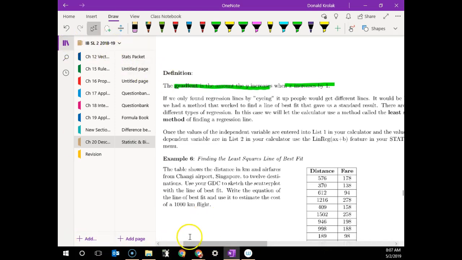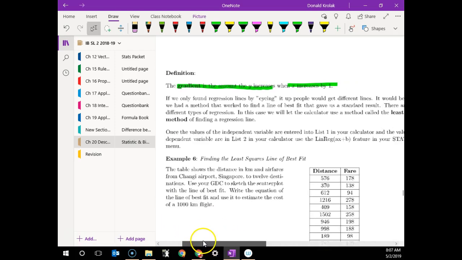Now we're going to use our calculators to get the line of best fit. We only got a couple minutes, so we'll just stop there and we'll pick up next time.